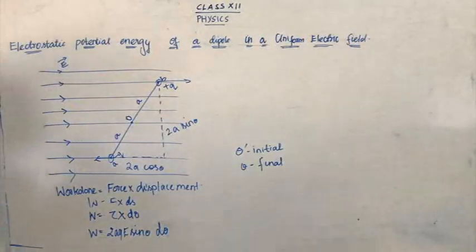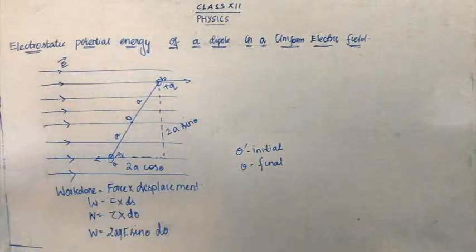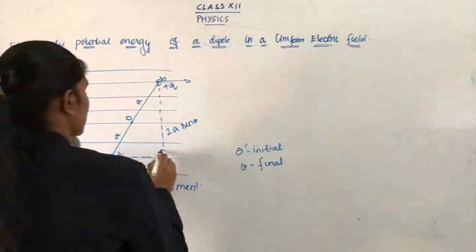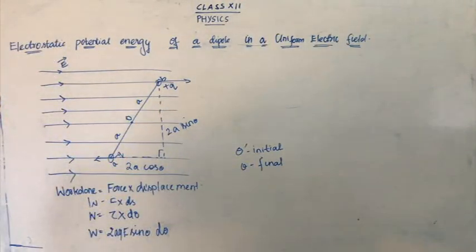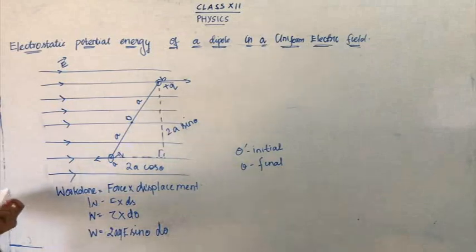So theta keeps on changing during the rotation. If theta is 90 degrees, then the torque is maximum.